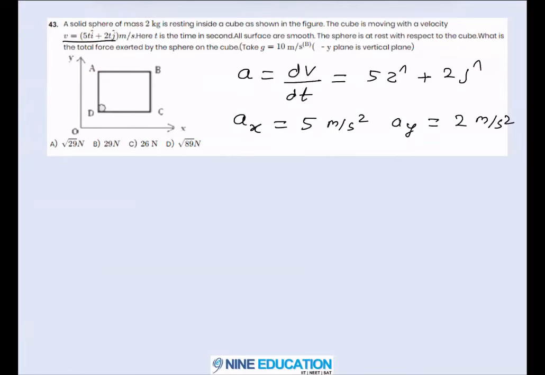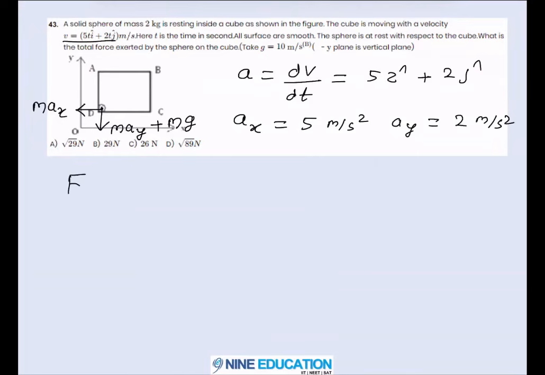That means the solid sphere is going to experience a pseudo force in the vertically downward direction as well as in the horizontally backward direction, because pseudo force always acts in the opposite direction of the acceleration, right? And that value of the pseudo force will be m ax and m ay. But along with the pseudo force, the sphere has its own weight, which is mg, acting in the vertically downward direction.